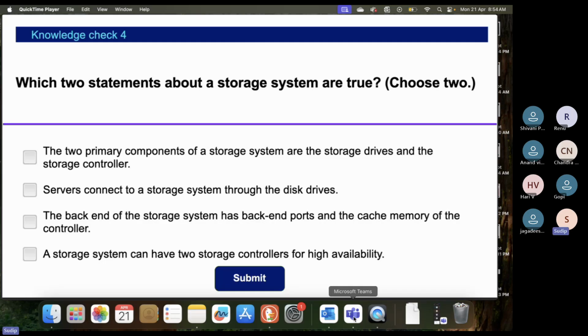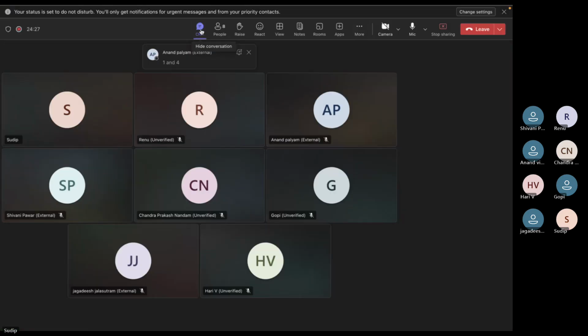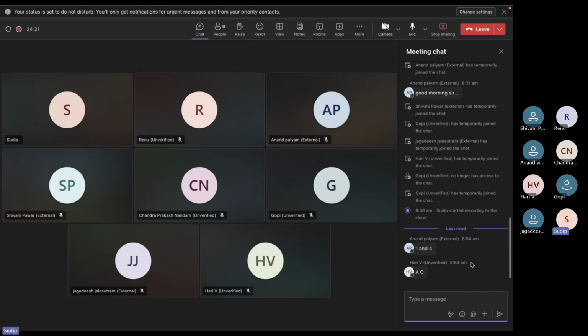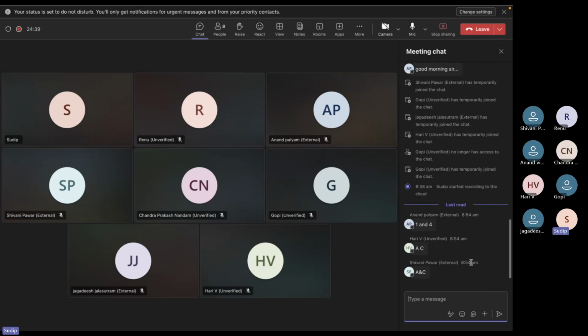Can I see your answers in the chat? Okay, Anand says 1 and 4. Hari says 1 and 3. Shivani says 1 and 3.